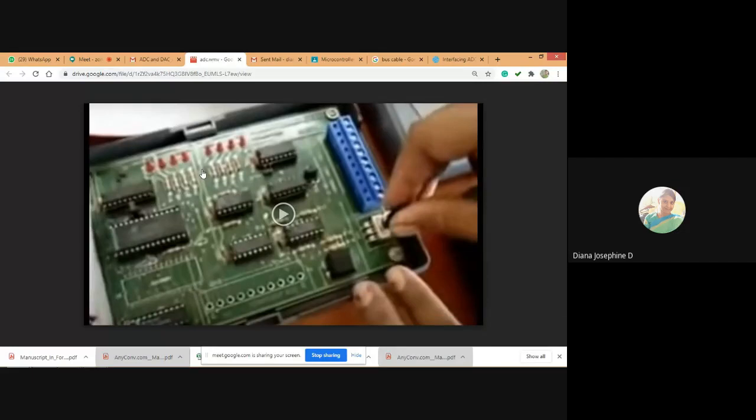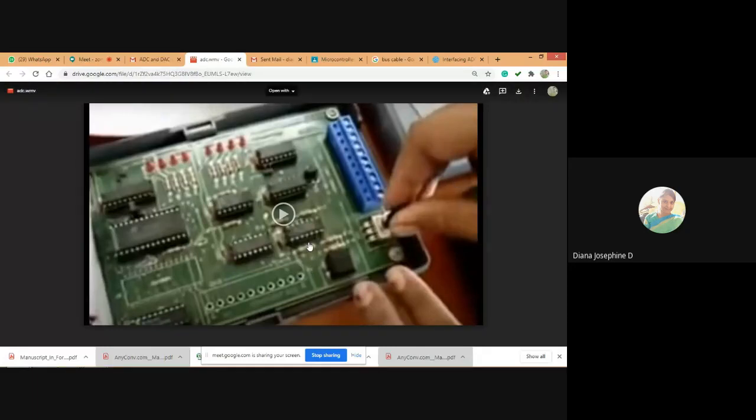I hope you have all seen the 8051 microcontroller in your second year subject, computer architecture. I think you would have done coding with the kit. And with the same kit, this is the ADC0808 interfacing kit, the analog to digital converter.